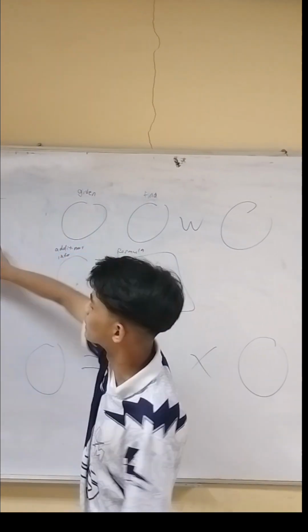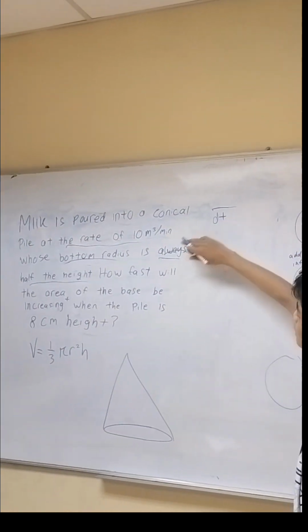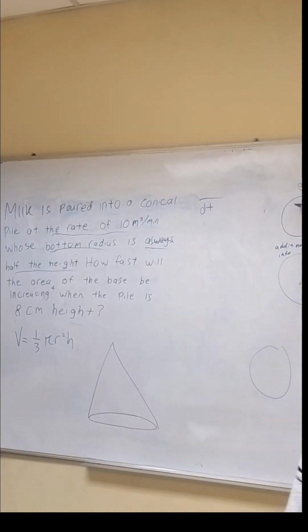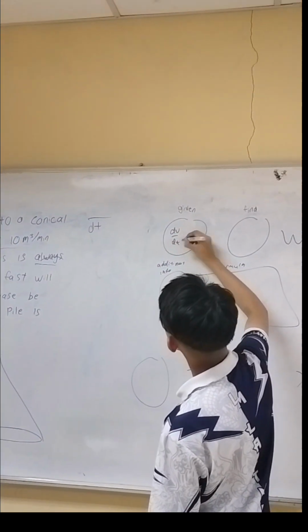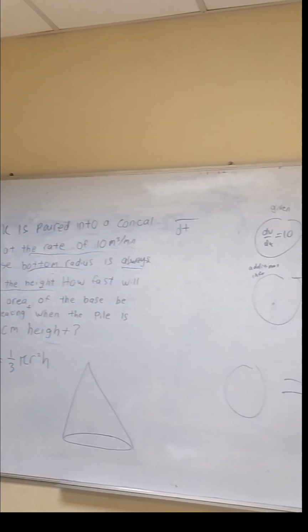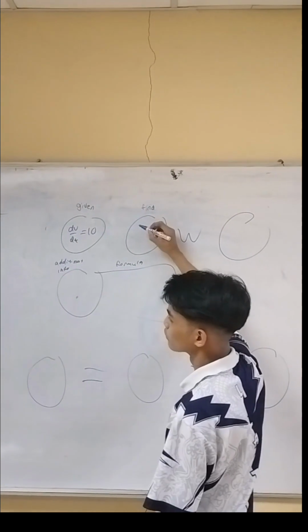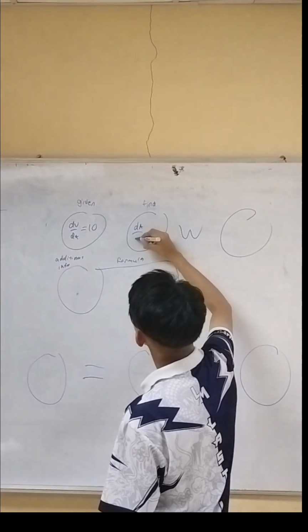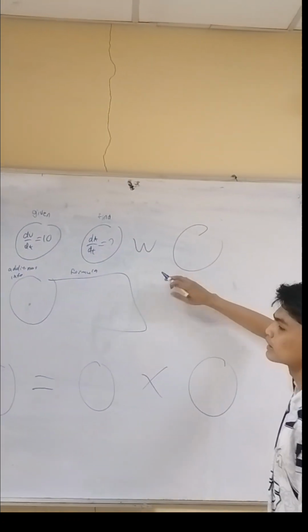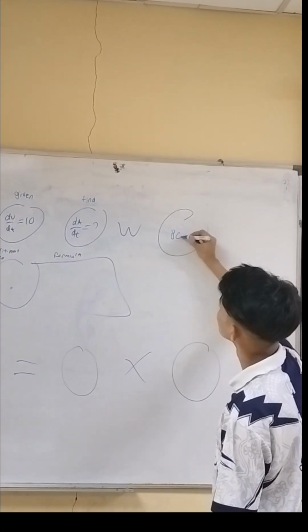The given from the question is the rate of 10 meter cube per minute. This means dV over dt equals 10. And what we want to find is the area, dA over dt equals something, when h is 8 cm.